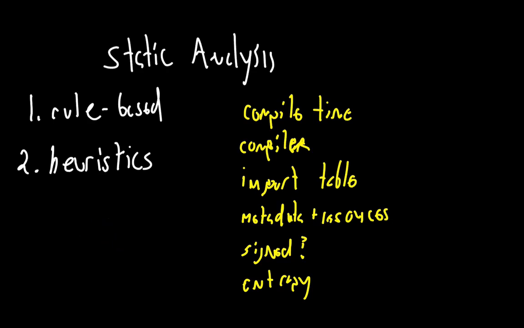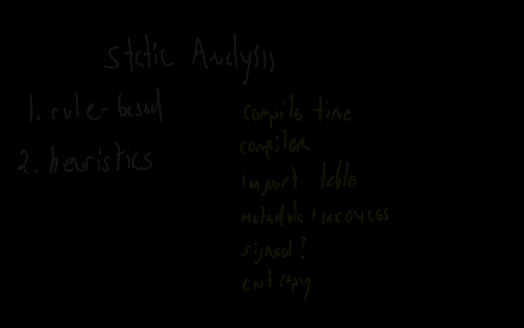So really the list here goes on and on and on, but these are features, observable things about a program that could lead one to score whether or not they think the intent is malicious or benign.